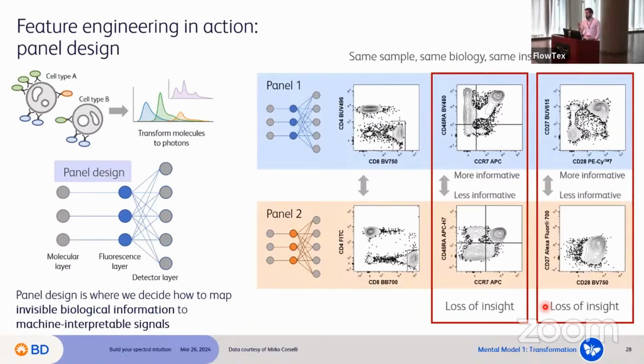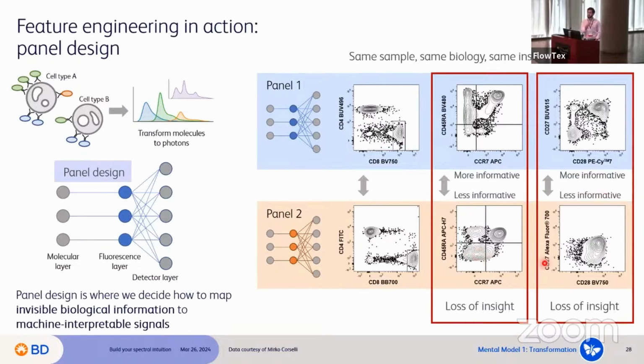And indeed it is. If I look at two different panels, the same underlying biology actually measured on the same instrument from the same sample that was just split in two, I can see in my top panel that I'm able to get pretty good resolution for these different populations on some T cells. And if I use that different panel, a different choice of encoding or feature in this transformation pathway, I see that actually because of spillover spreading, because of insufficient separation, I've lost a bunch of information.